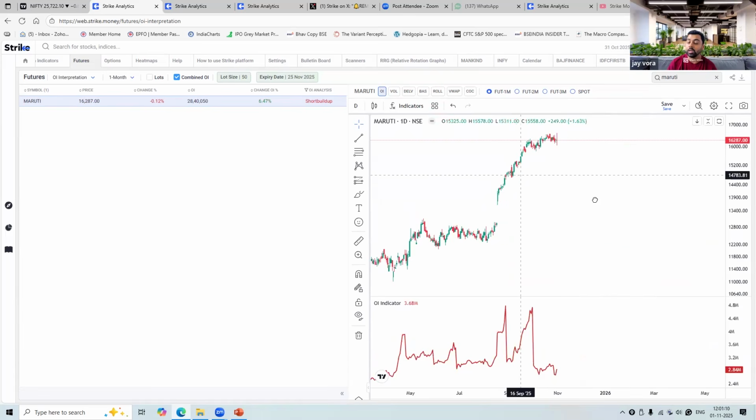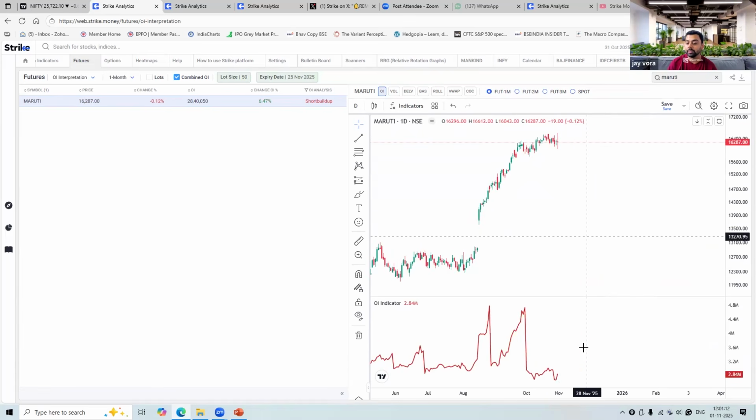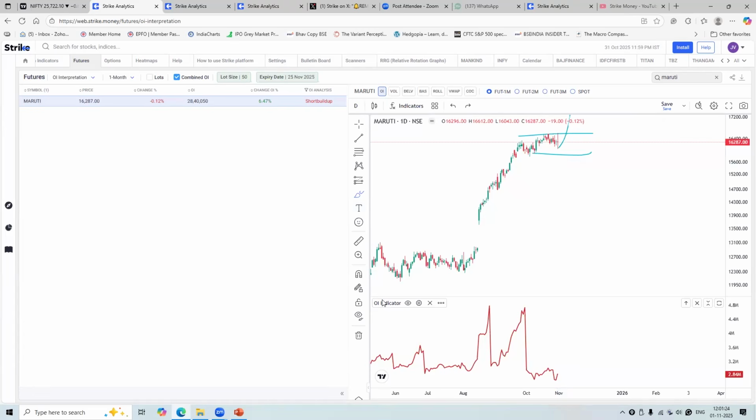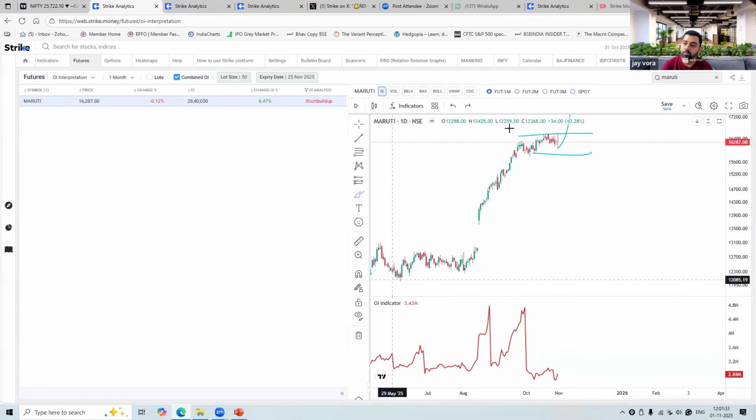So I would want to see what exactly the trend will be, whether it will break out on the upside or on the downside. And if you notice, this is happening mostly with the auto stocks. We saw it in Hero Moto, Maruti. Is it that the public are cashing out from autos in general? That's what makes me curious.